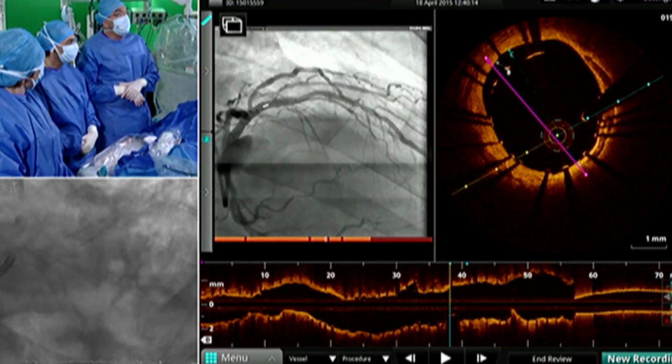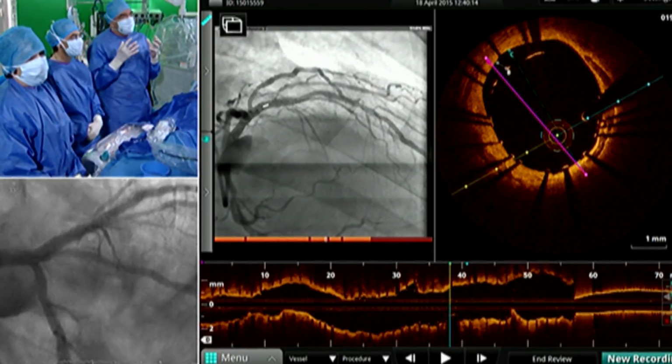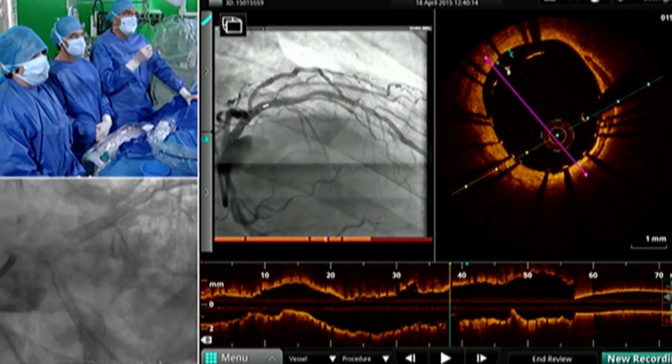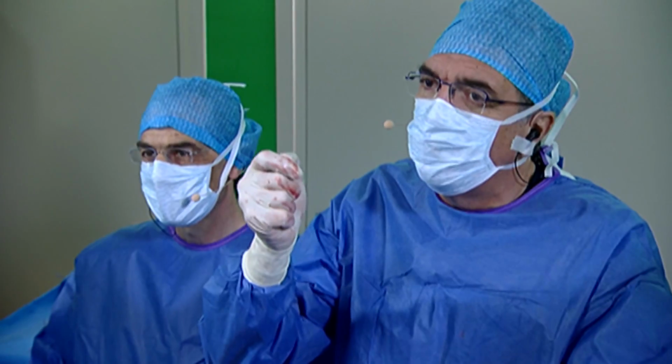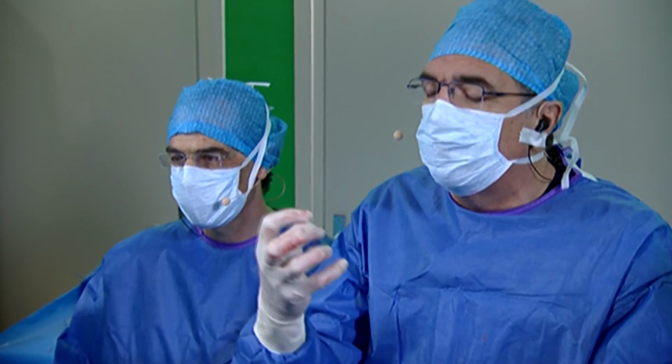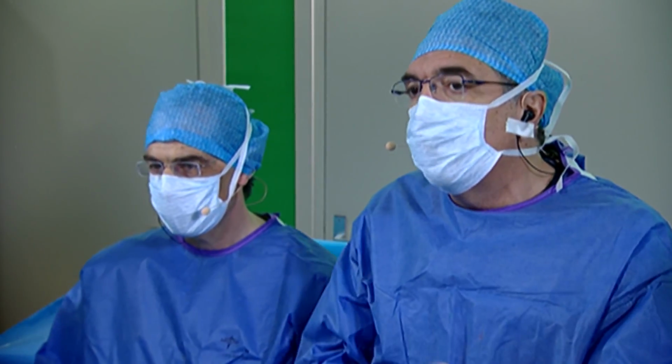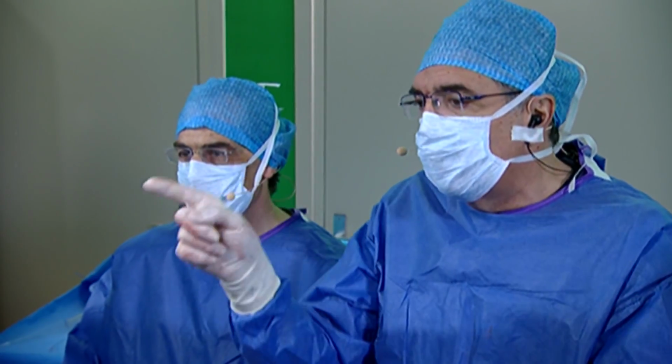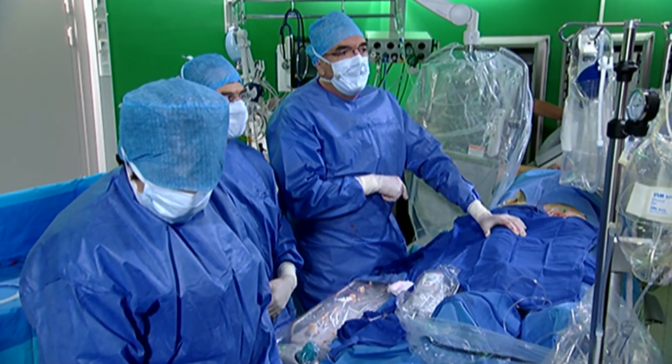Really, it was amazing to see you manipulating this. And again, I think it's really a plus, a bonus for the quality of the result that we give to the patient when we are using this kind of new technology.